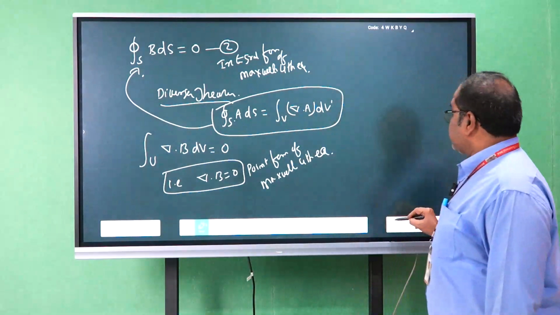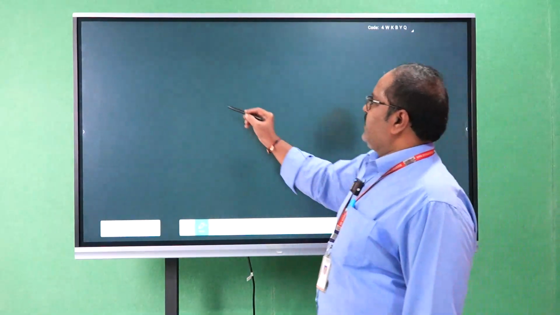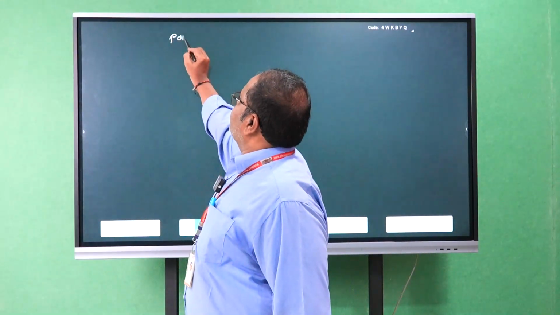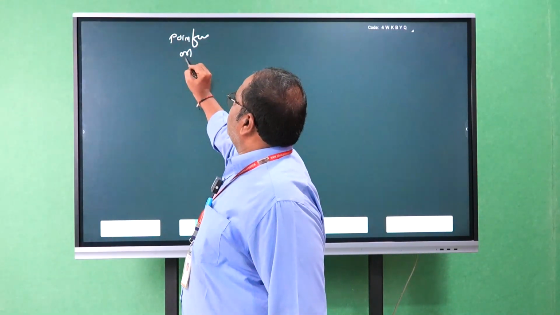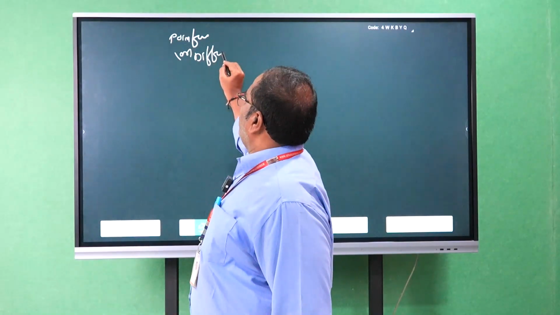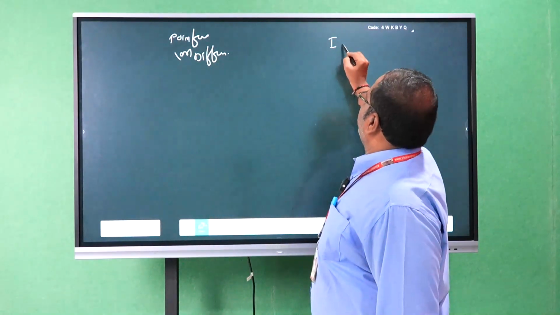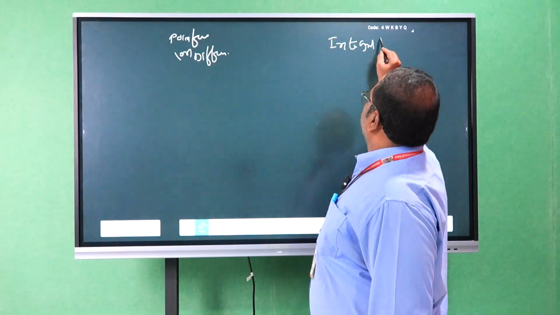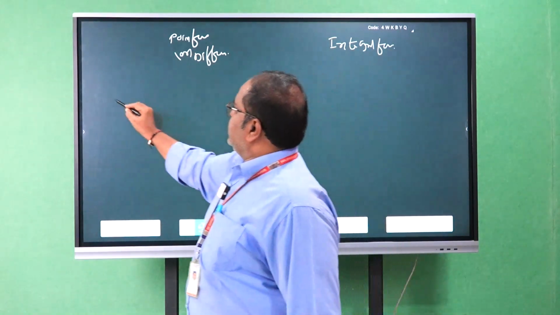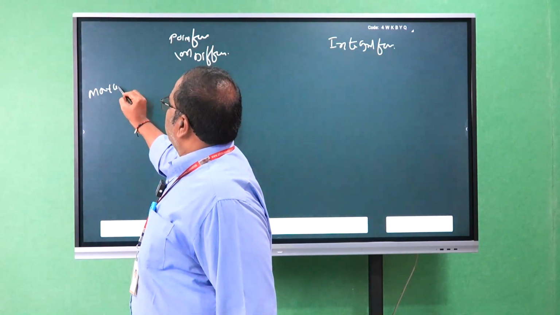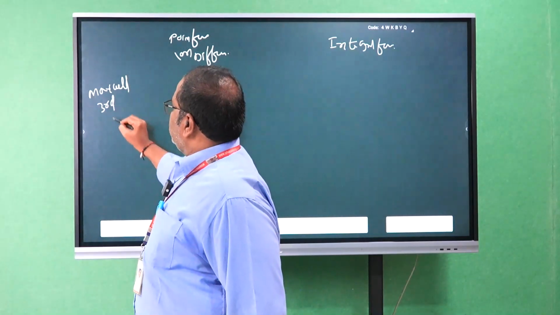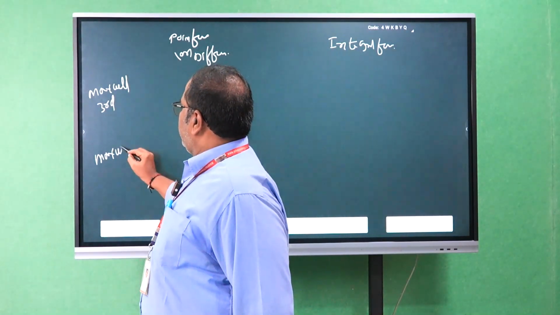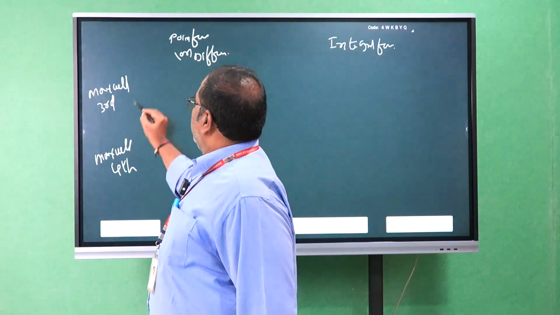Then next, we have the point form or differential form, and the integral form. There is the Maxwell third equation and the Maxwell fourth equation.